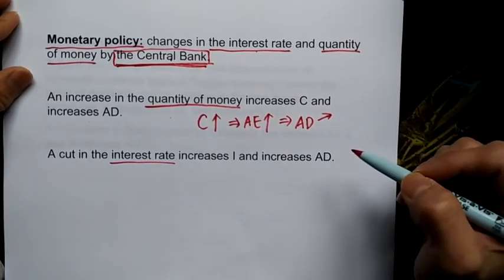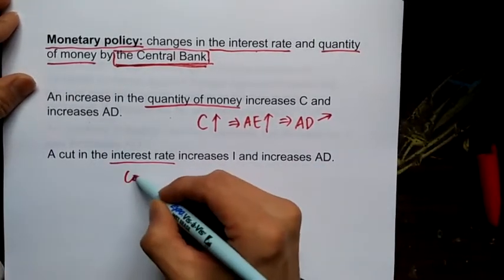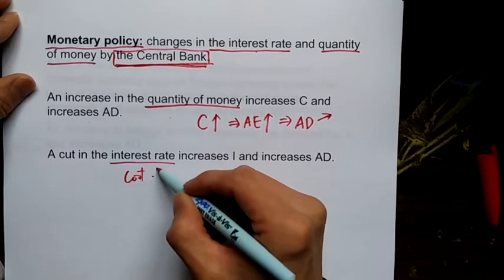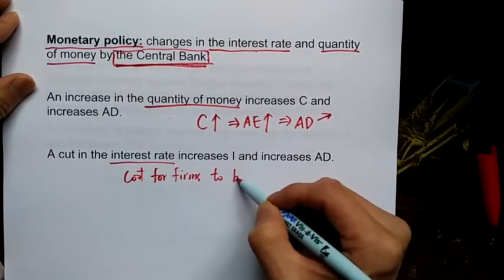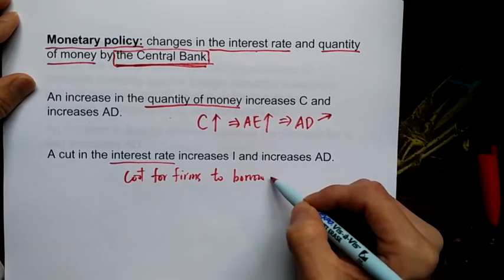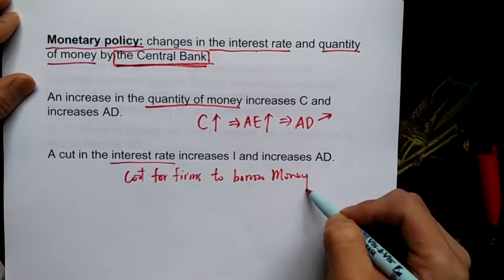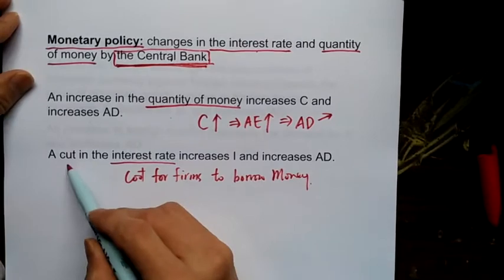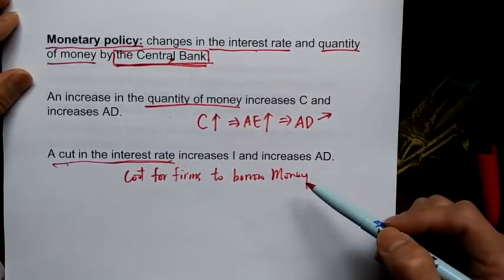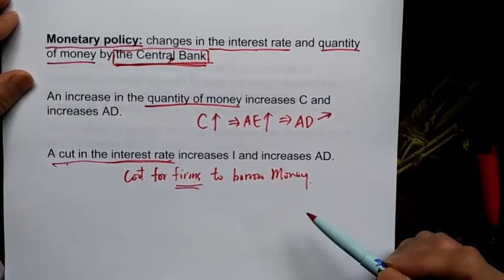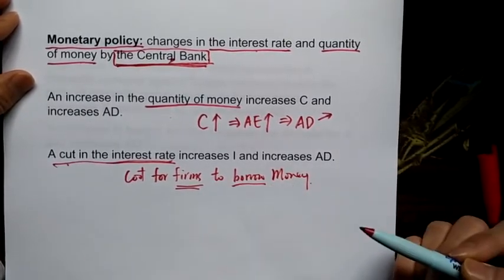Interest rate is the cost for firms to borrow money. Right? Therefore, if the central bank cuts the interest rate, it's cheaper for firms to borrow money.